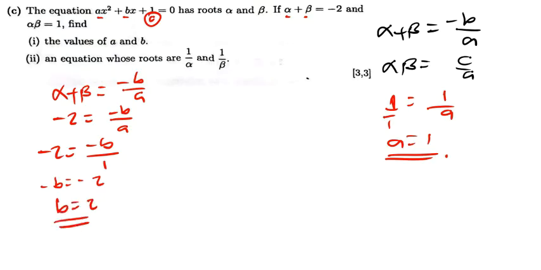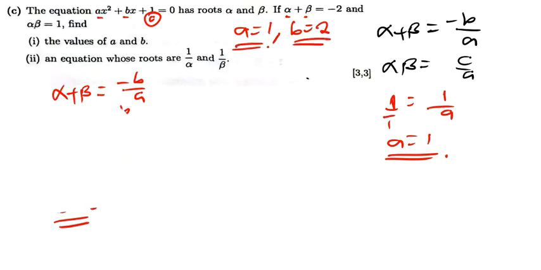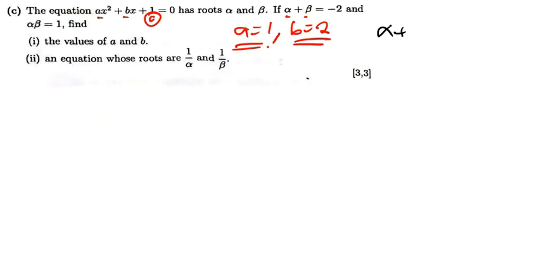So the value of a is 1, and the value of b is 2, like that.